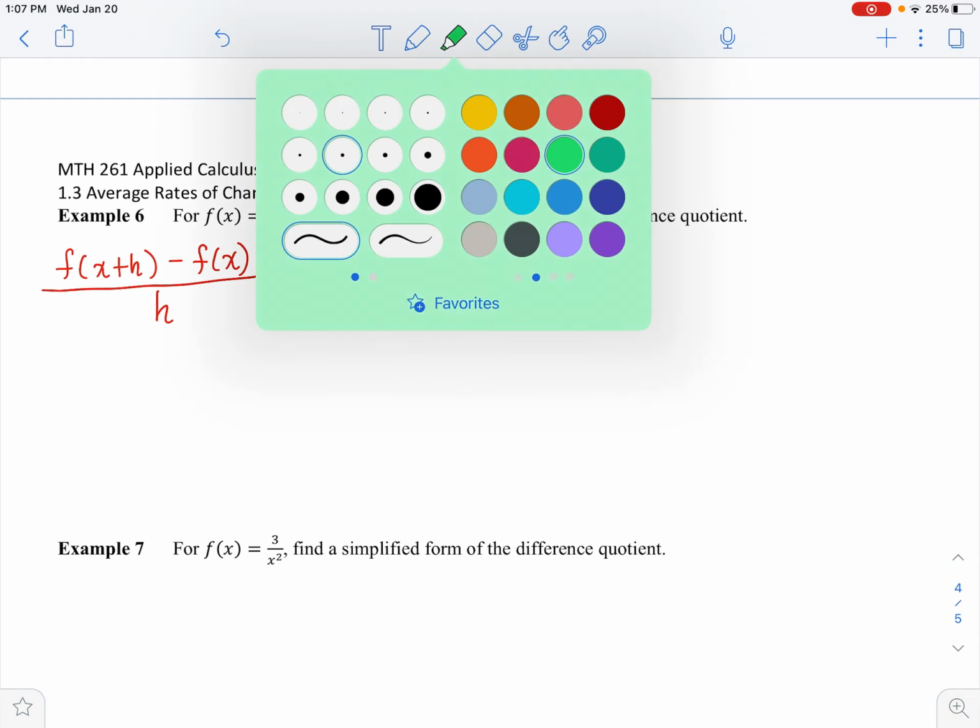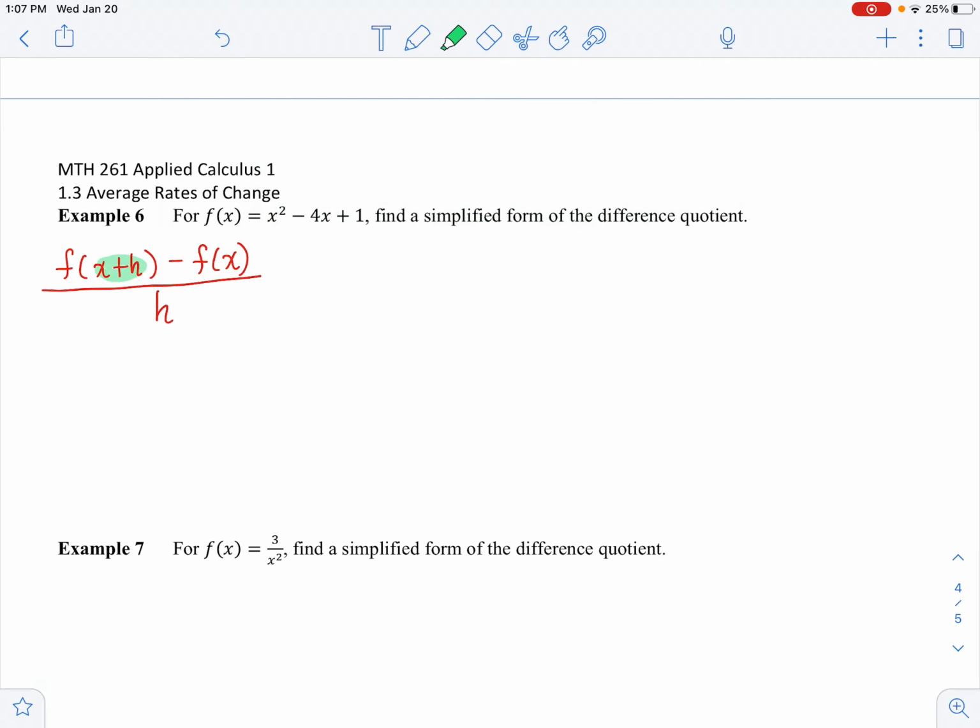So what I'm going to do first is plug in x plus h everywhere I see x. That's going to be f of x plus h. So it goes x plus h squared minus 4 times x plus h plus 1. I just wrote the whole thing as f of x plus h.